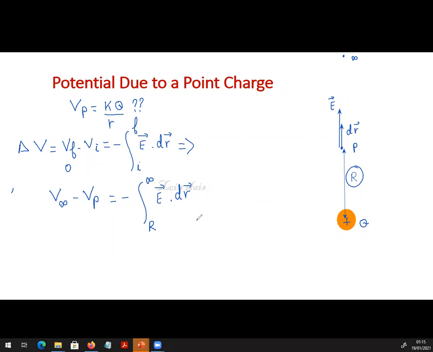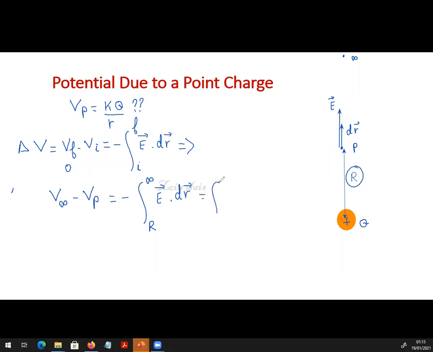Now the important point here is that dr must be directed from the position of this point to the position of this point, as you see, from the point P to infinity. I repeat because it's important. The angle between E and dr equals 0.